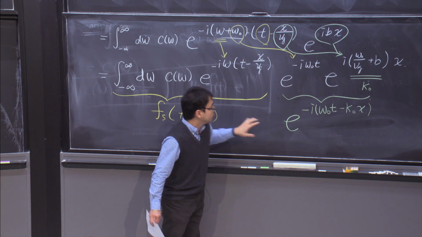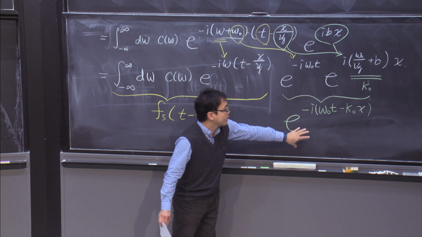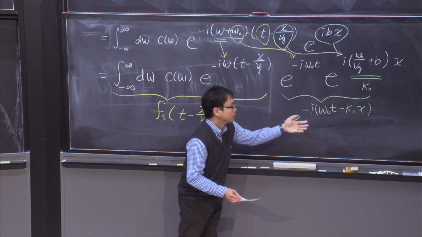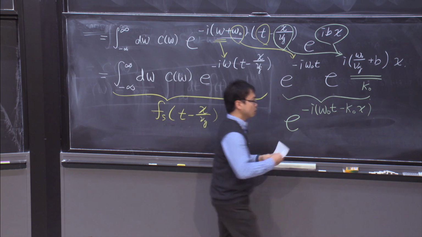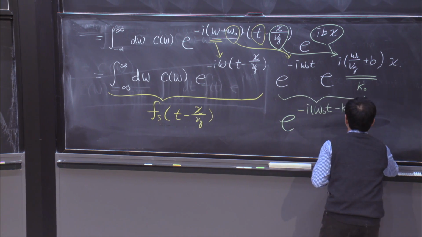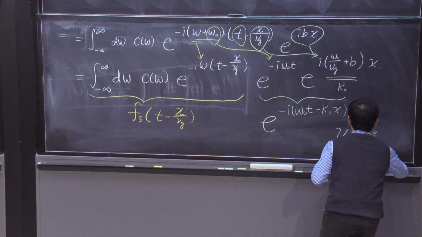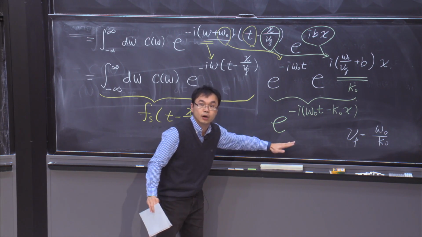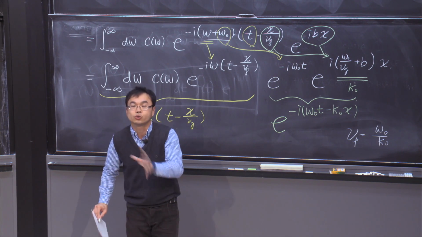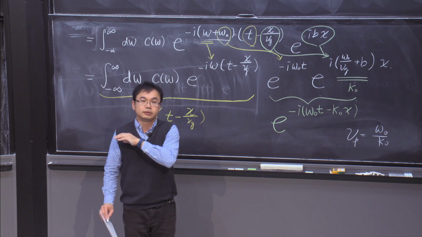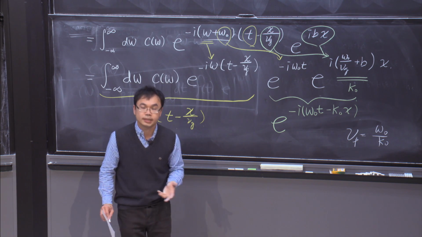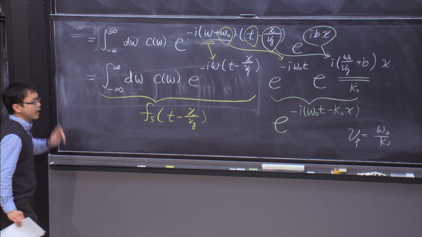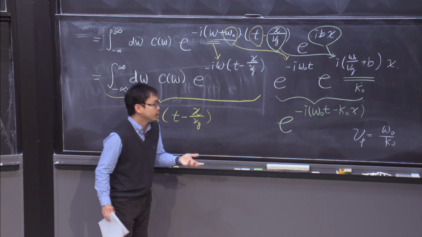And this thing is actually modulated by an exponential function, which is propagating at the speed of Vp equal to omega 0 over k0. So the carrier still, after you include many terms constructing the f function, the psi, which is the amplitude, okay?